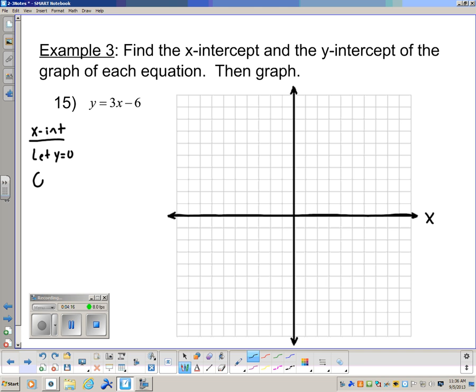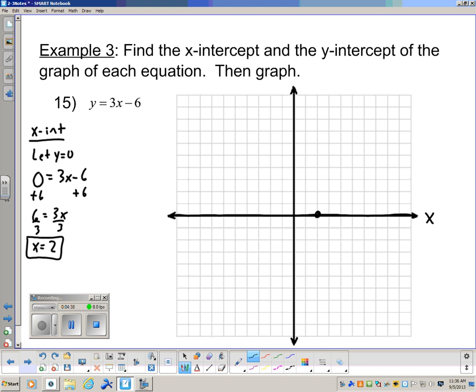So I can go 0 equals 3x minus 6 and then solve for x there. So add 6 and I get 6 equals 3x, divide by 3, and x equals 2. So my x-intercept just ends up being 2. So now I can plot that.